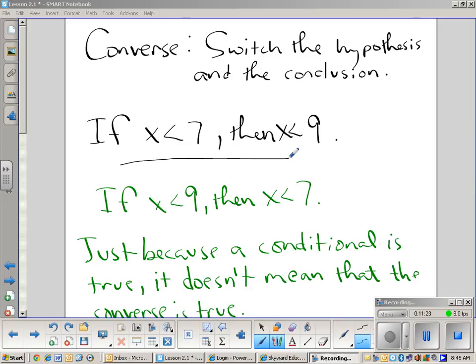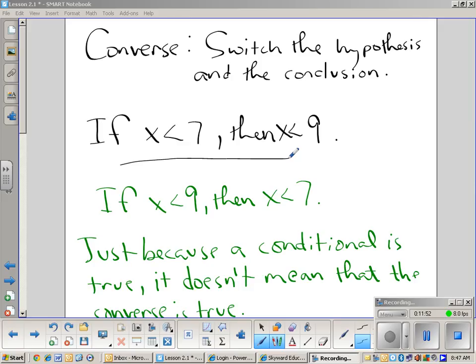The converse of that now says, if x is less than 9, then x is less than 7. Well, I could pick infinitely many numbers that make that statement look true, but I only need one number that makes it bad. So pick a number that's less than 9. 8. Is that less than 7? No. 7 itself.